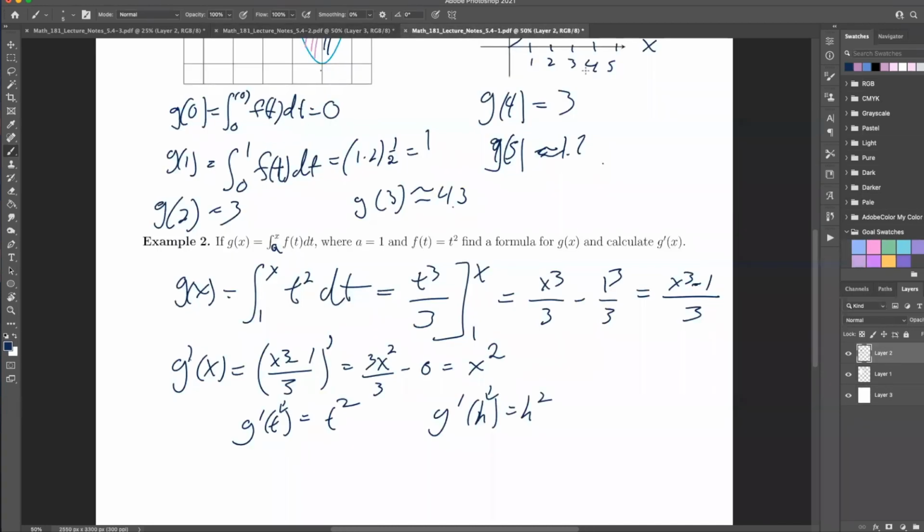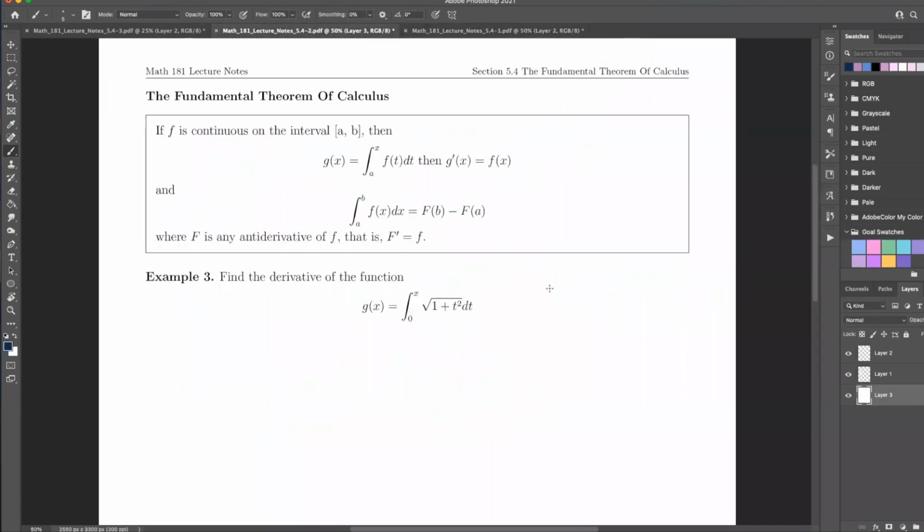Actually, let me leave this up for a second so we can finish writing it. All right. So that's the fundamental theorem of calculus.